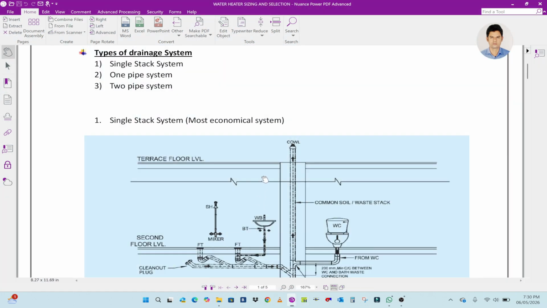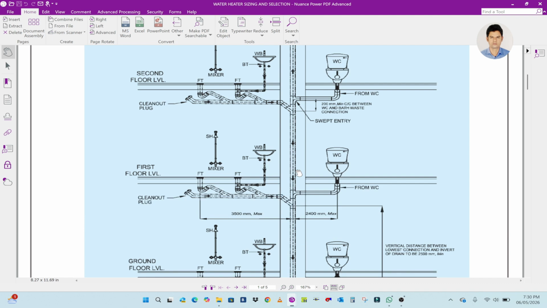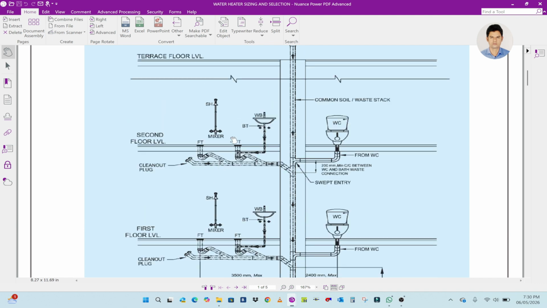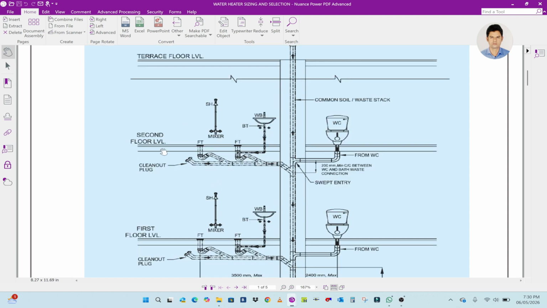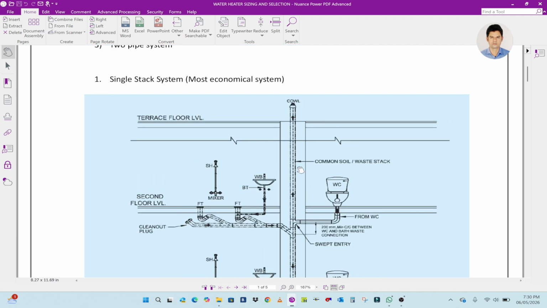In this single stack system, all the appliances, that means the soil appliances, which are WC and urinals, and the waste appliances, which are wash basin, bathtub, floor trap, mixers, shower, etc. All these waste and soil appliances are connected through a single pipe, which is called single stack system.